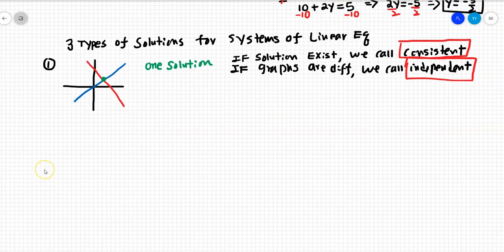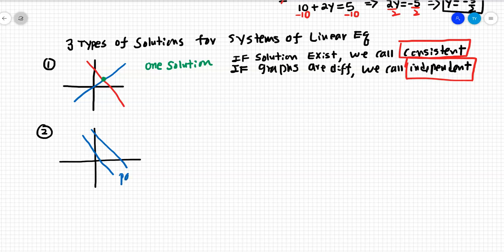Now, the second type here is that you have equations, but they are parallel. These are parallel. So this means that these two lines are not crossing one another. So this means no solution.